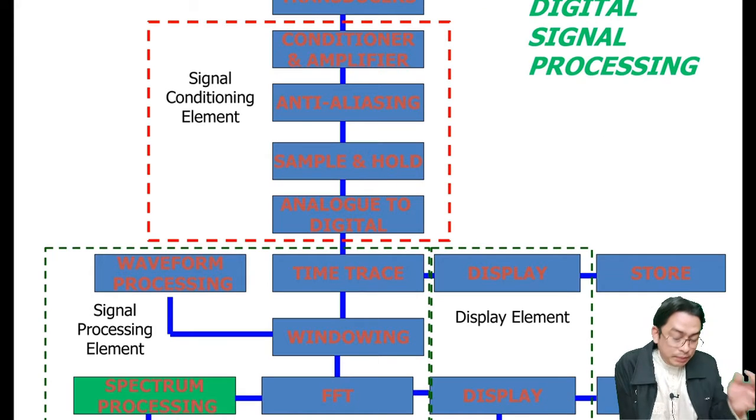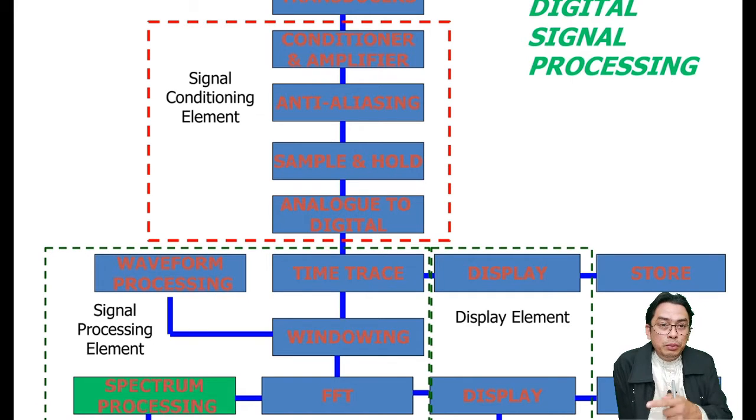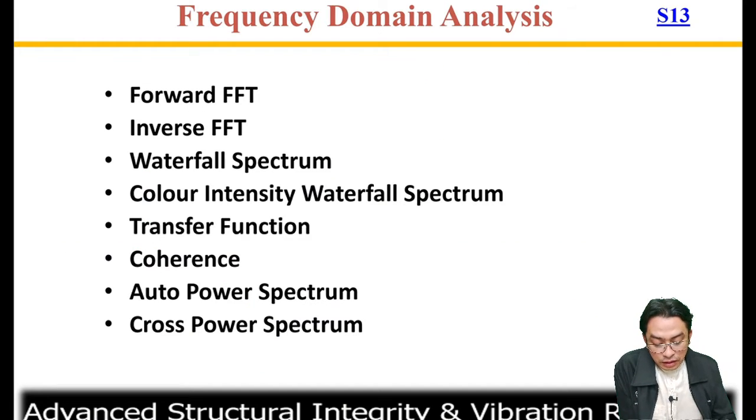Now, after the conversion from the time domain to the frequency domain, we can do a spectrum analysis. There are a lot of spectrum analyses. For example, we have forward FFT, inverse FFT, waterfall spectrum, color intensity waterfall spectrum, transfer function, coherence, auto power spectrum, cross power spectrum.